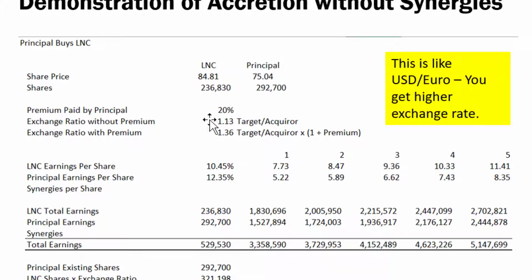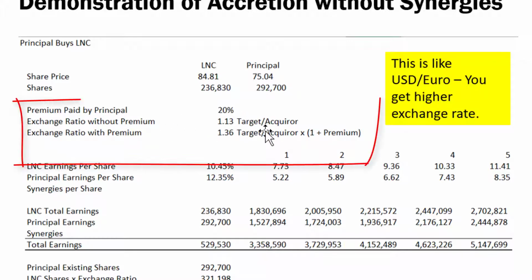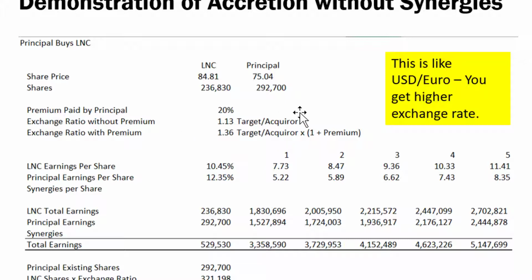The exchange ratio is like, if the exchange rate between euros and USD is 1.2, you get 1.2 USD for each euro. So the acquiring company in that case would be the euro, and the target company would be the USD.